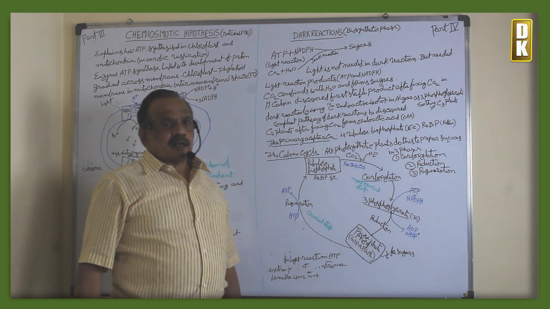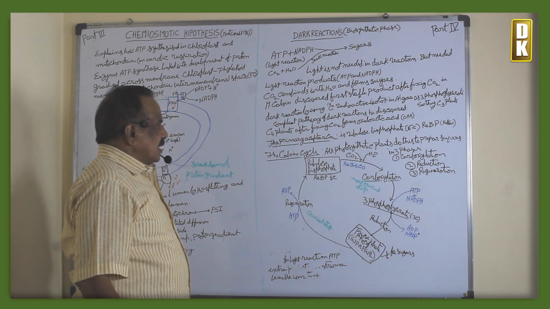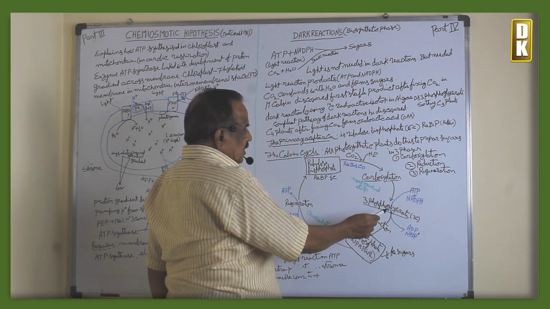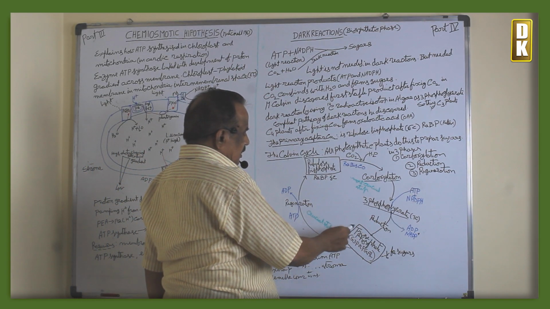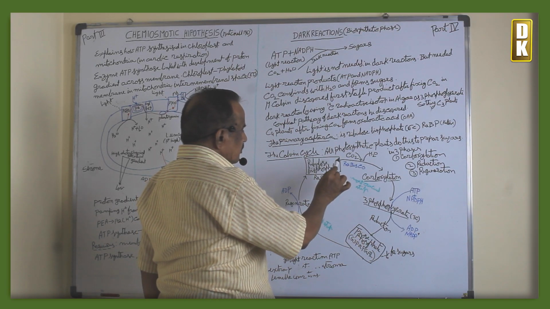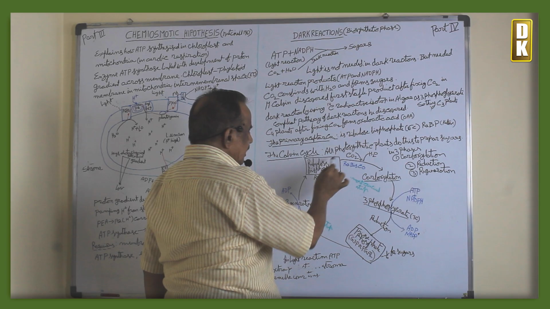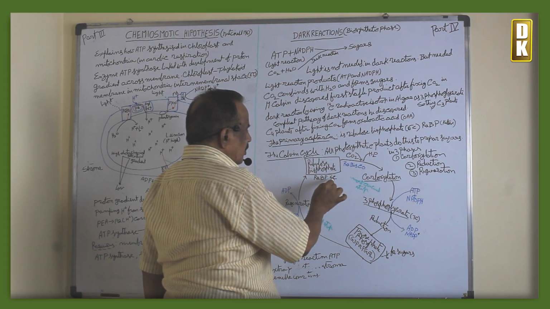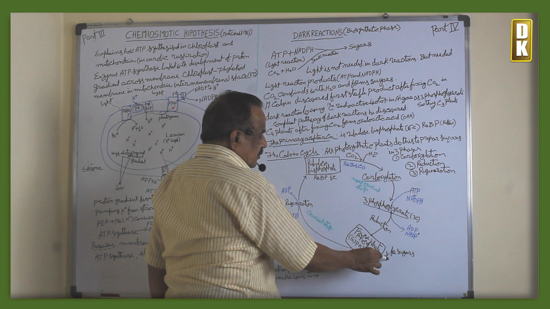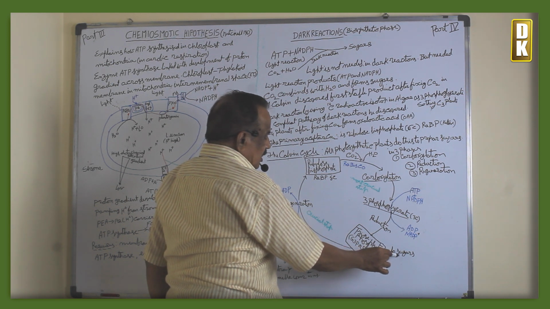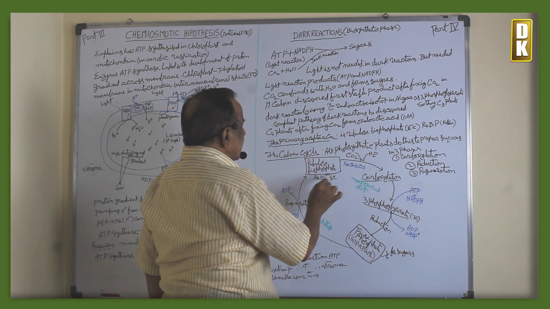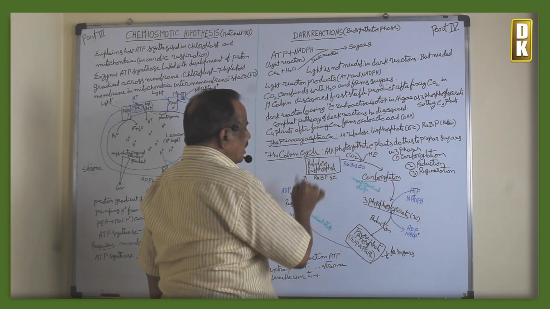So overall, whatever 3-phosphoglycerate is there, 1 carbon is coming. Now you observe this: carbon is added to the 5 carbon compound and dropping into triose phosphate formation for the sugars. All the 5 carbons are going and forming RuBP again. This is the cycle.